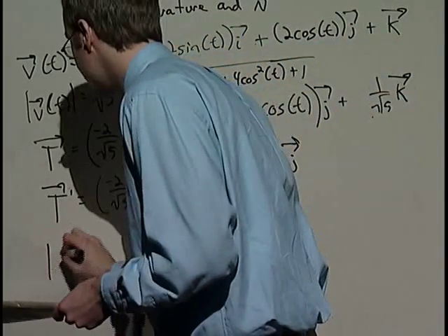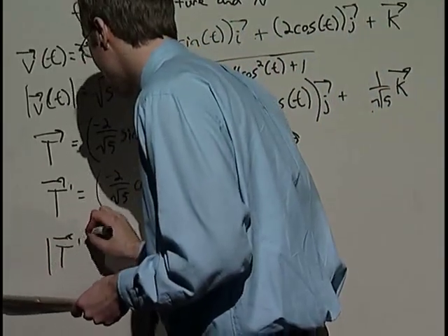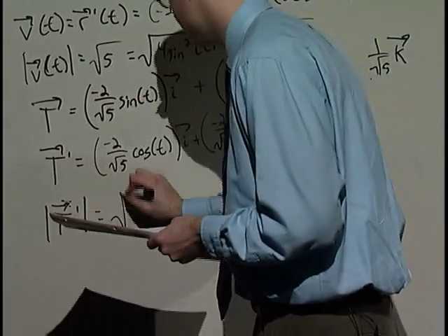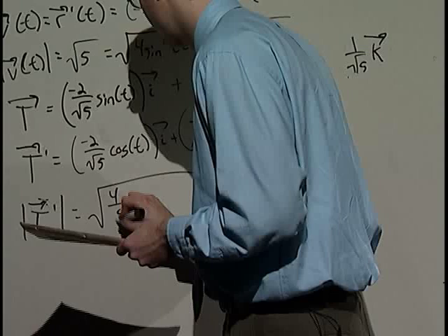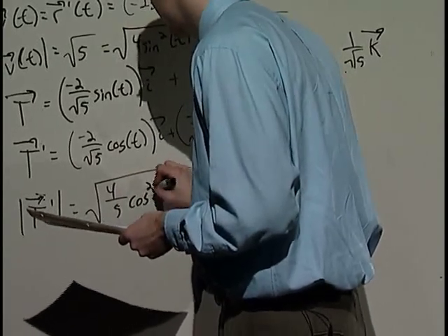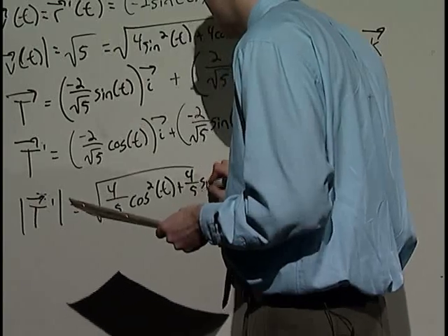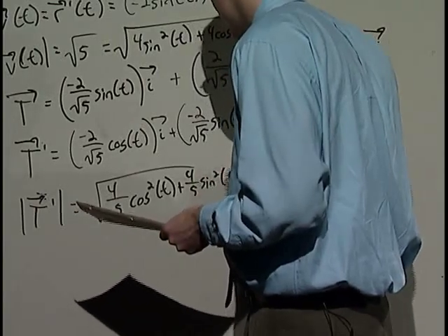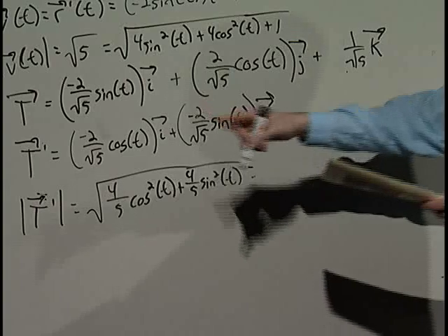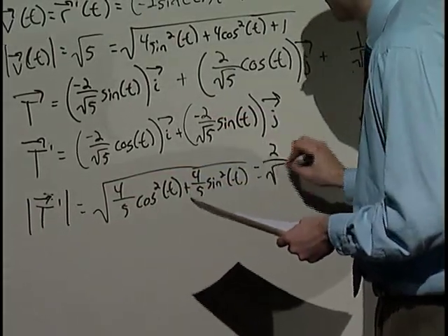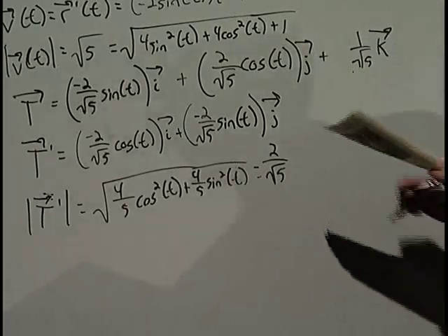We need the length of T prime. So the length of T prime is the square root of 4/5 cosine squared t plus 4/5 sine squared t. Well, that's 1, so this is 2 over root 5. All right, now we're almost done.